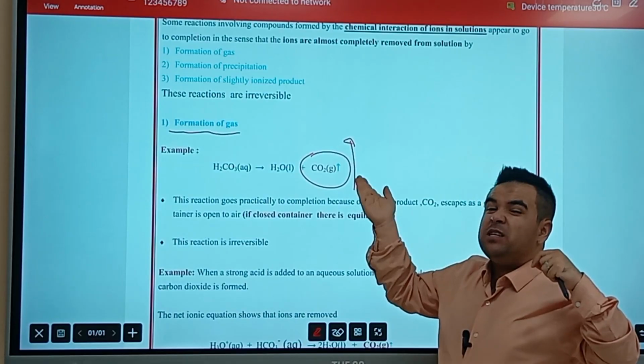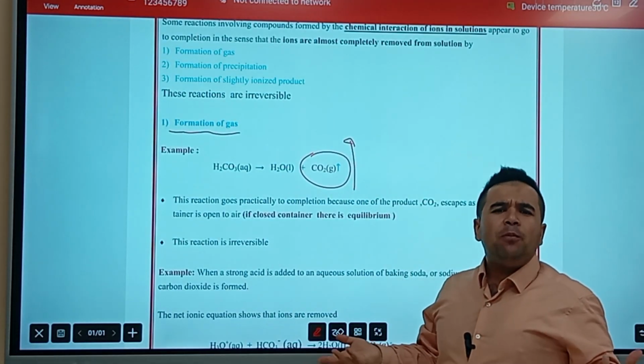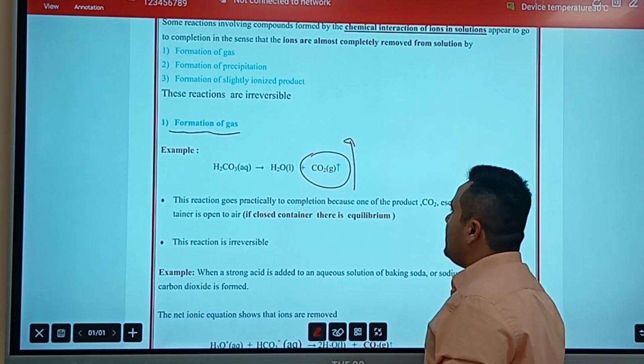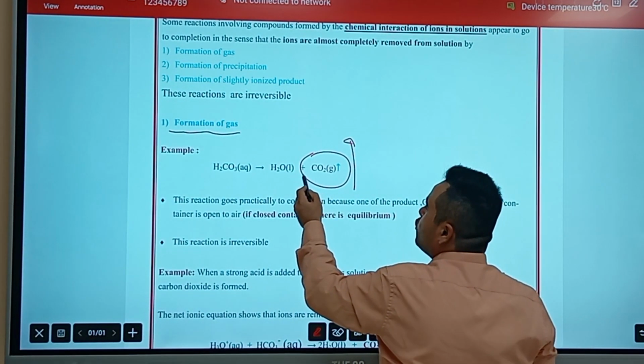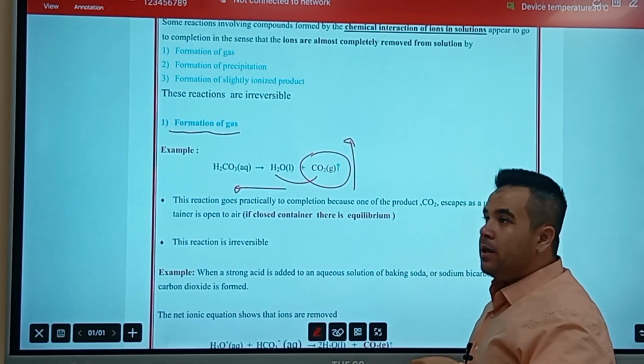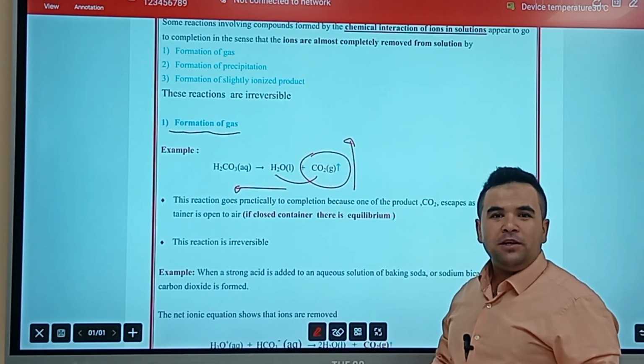If the CO2 is continuously removed from the system, what will happen to the reaction? There will not be enough CO2 to combine with H2O and go back to form carbonic acid. In this case, the reaction tends to completion.